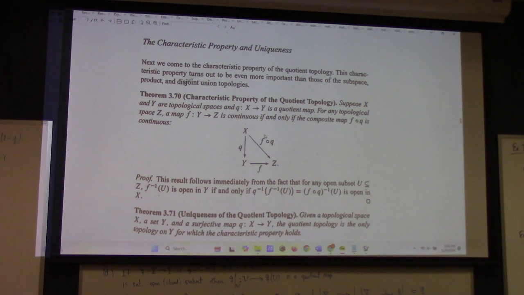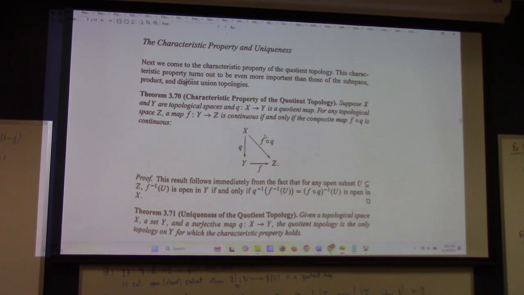That's kind of interesting, right? Because Z is any topological space. It's saying you can probe the continuity of a mapping from the quotient space to Z in terms of how it behaves under composition with the quotient map from the space which is quotiented.